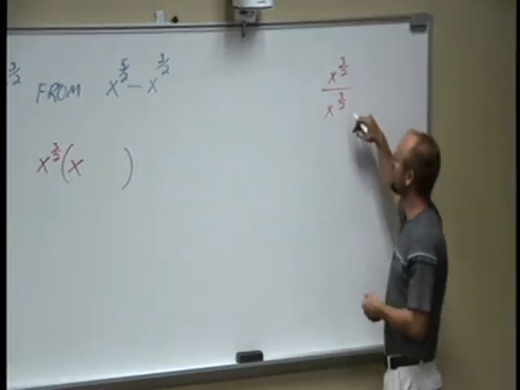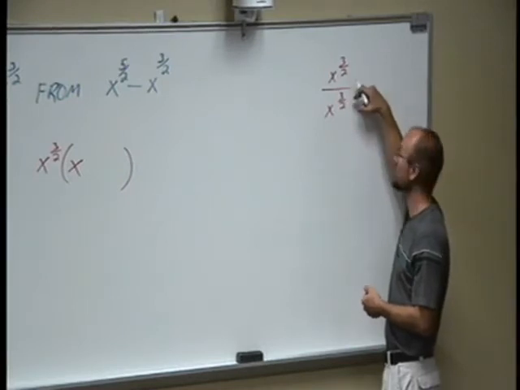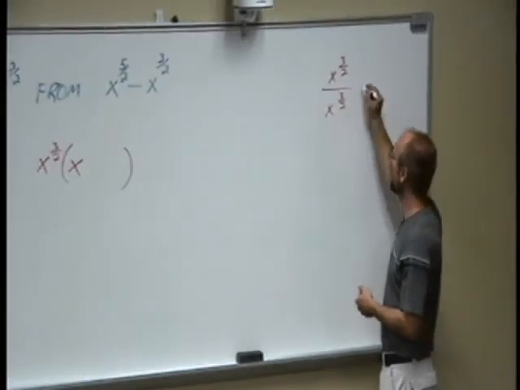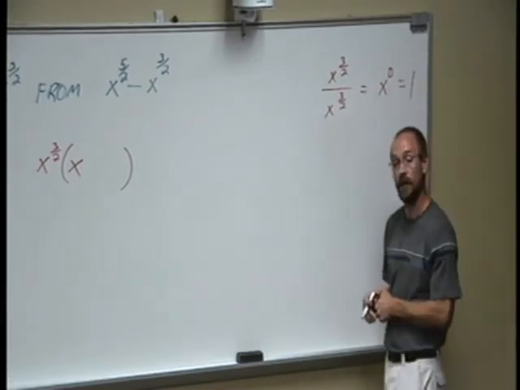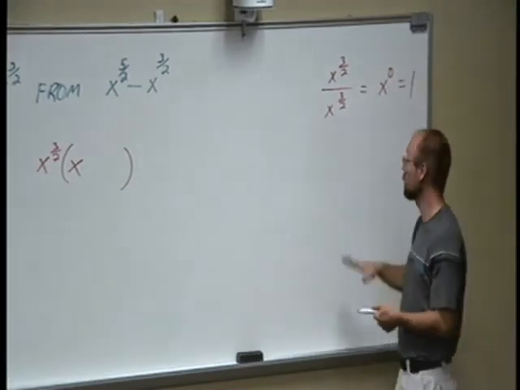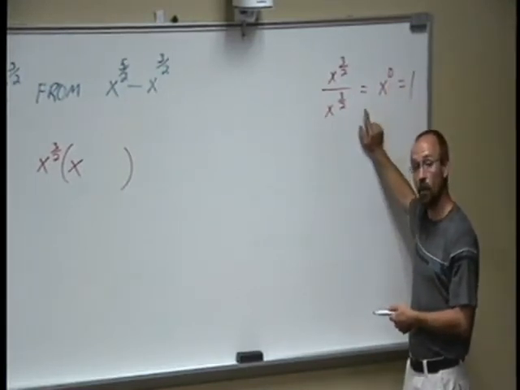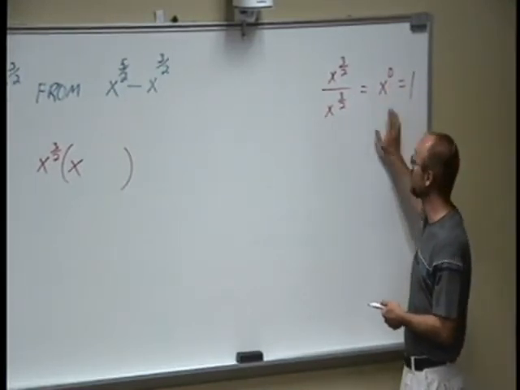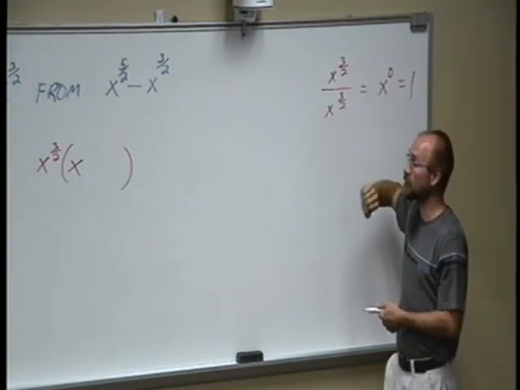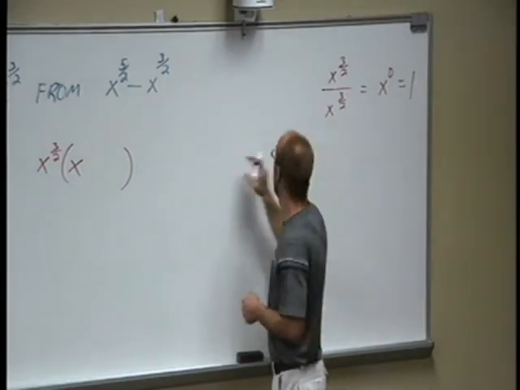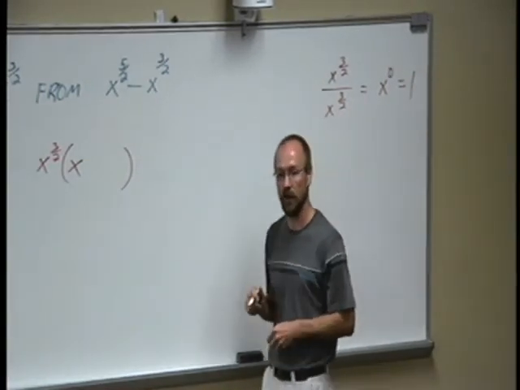If I use my quotient rule, this power minus this power, the top minus the bottom, 3/2 minus 3/2 is 0. X to the 0 power is 1. Now you've been told that anything to the 0 power is 1. Well, this is why. Because our powers, top and bottom, are the same.